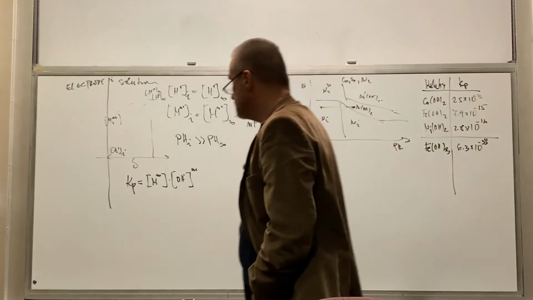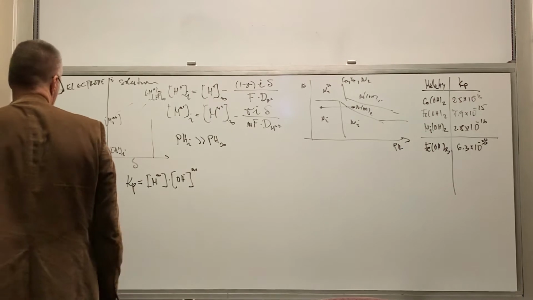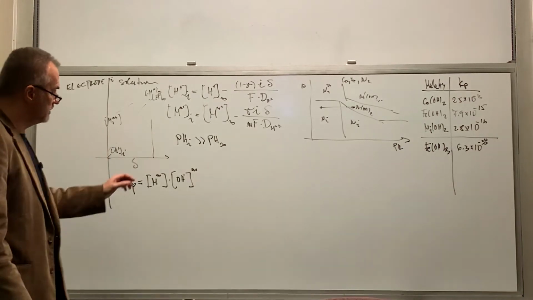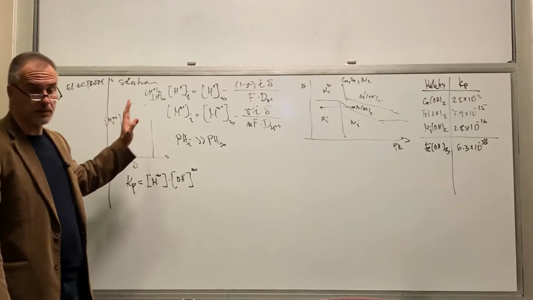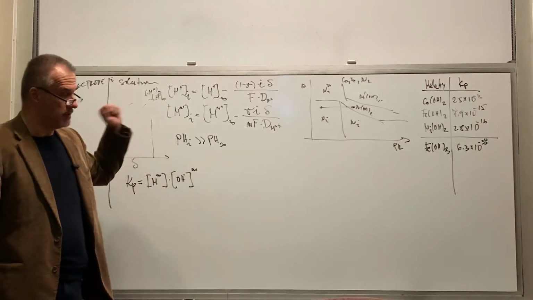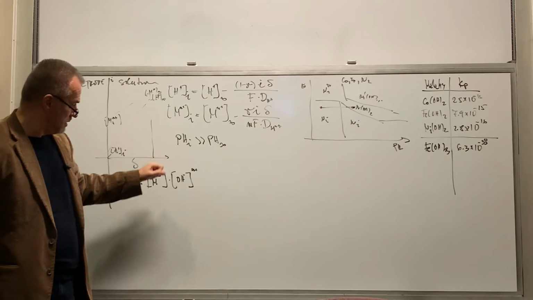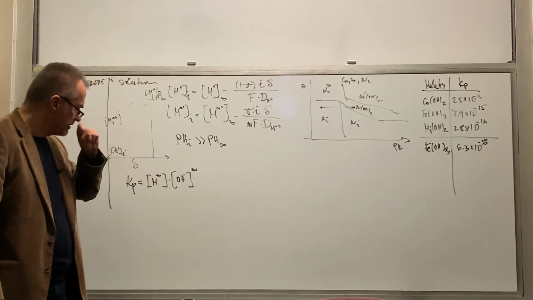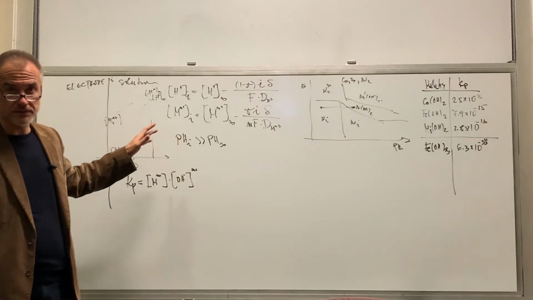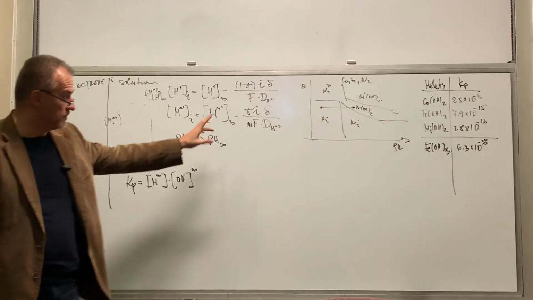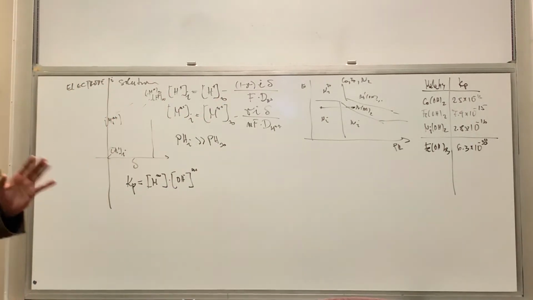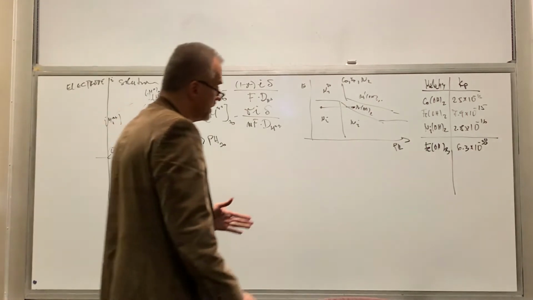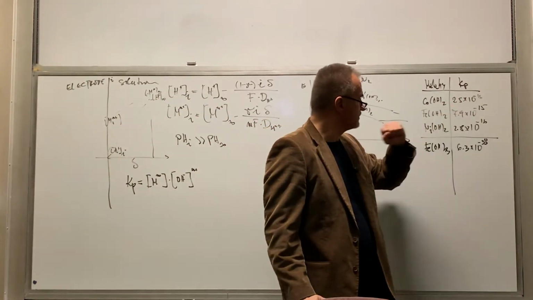Now, I sent you some material, and we discussed yesterday this homework problem where you plot the product of metal times the OH minus concentration at the interface as a function of some of this, and you're going to come up with some interesting things. But in reality, this is 10 to the minus 16, for example, right?